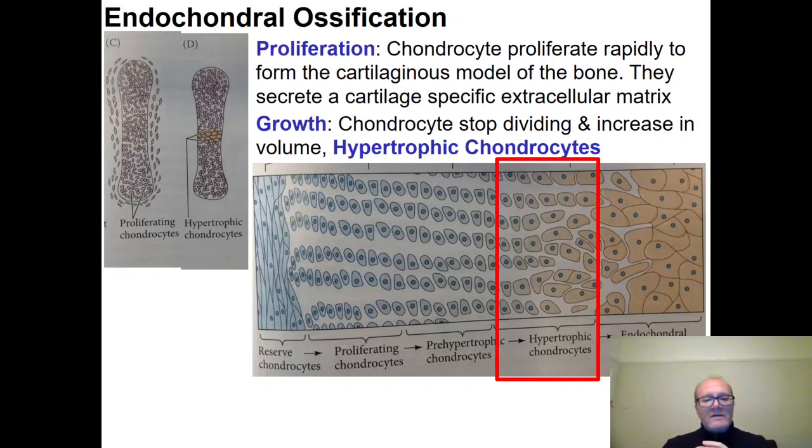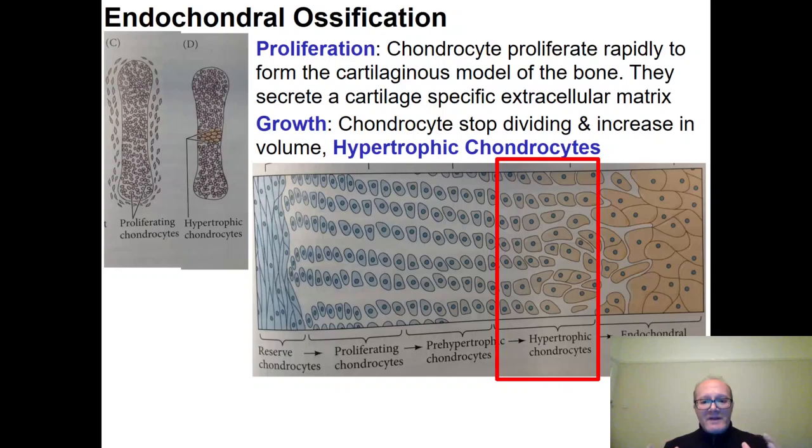So the chondrocytes, especially in the middle, if it's a long bone, but not all bones are long like that. But anyway, if you're talking about a long bone, the chondrocytes, especially in the middle, stop growing, and they become what is called hypertrophic chondrocytes. What does it mean? Well, they stop dividing and they become bigger. So they change volume, they become much bigger cells, right?